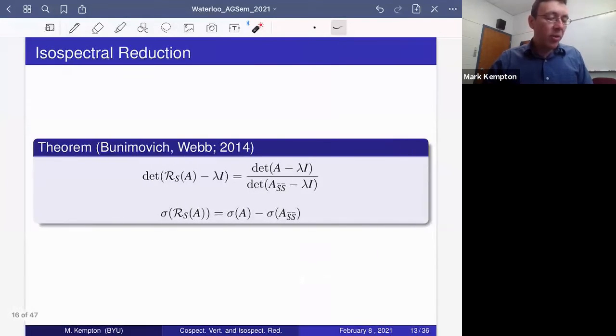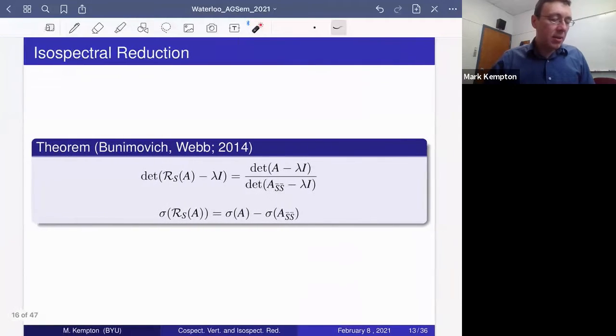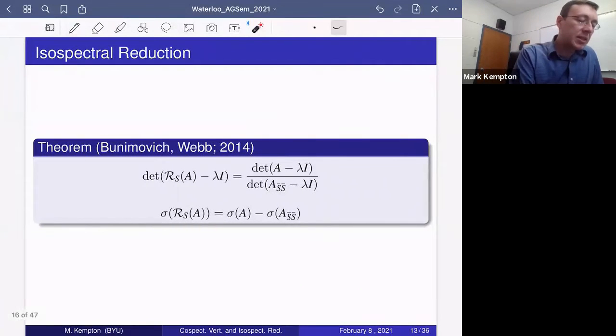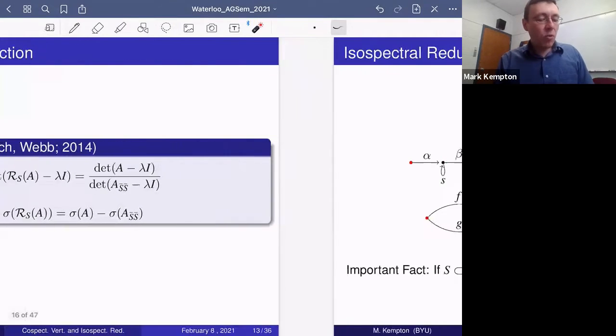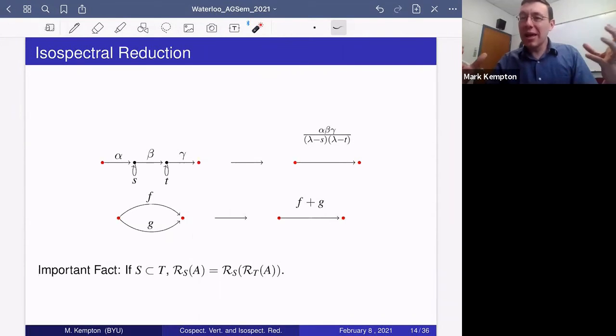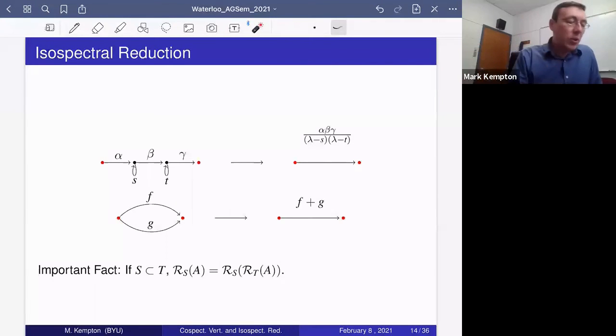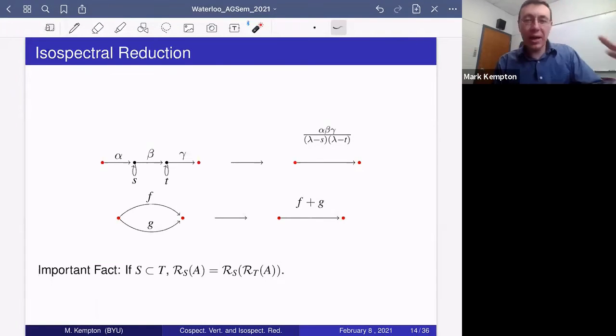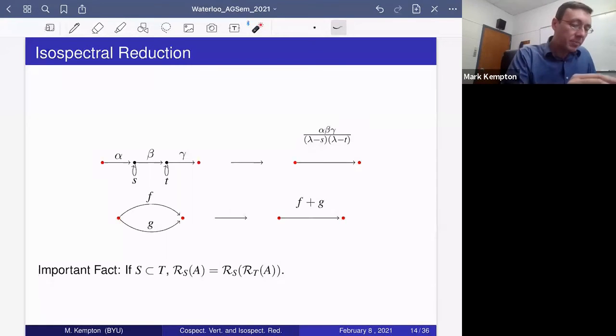Now, one cool thing about the isospectral reduction is these authors, Bunimovich and Webb, have worked out some combinatorial rules for how to compute an isospectral reduction by hand, as it were, just looking at the graph. This is easiest to describe while looking at a weighted directed graph.